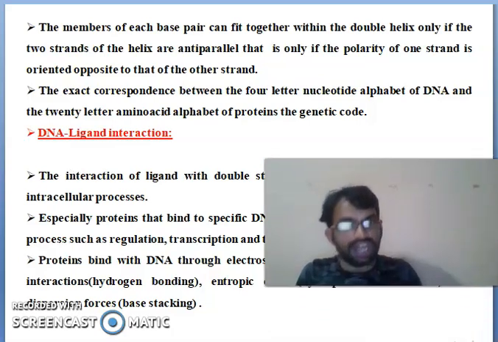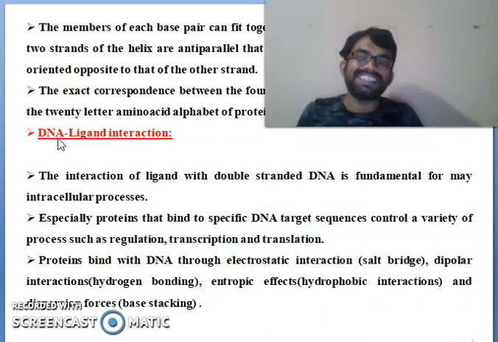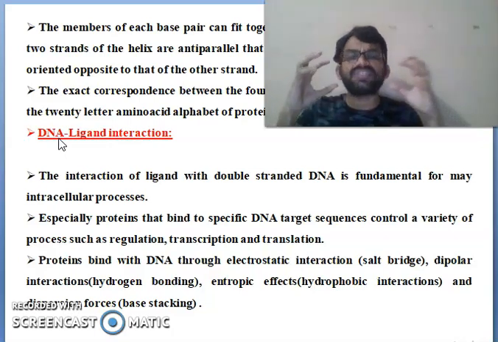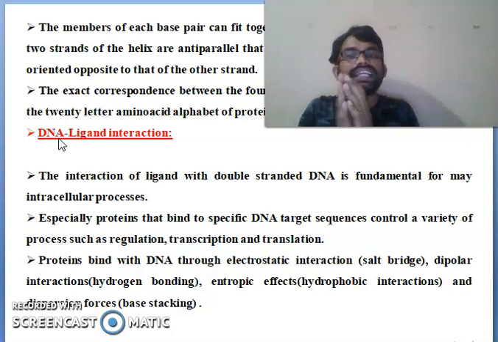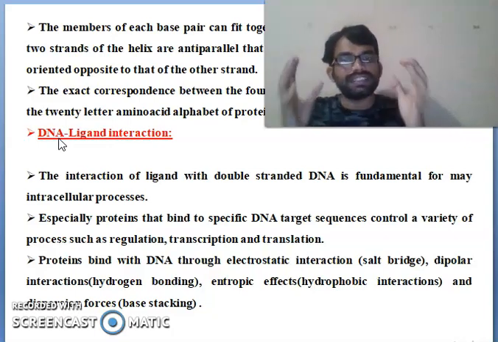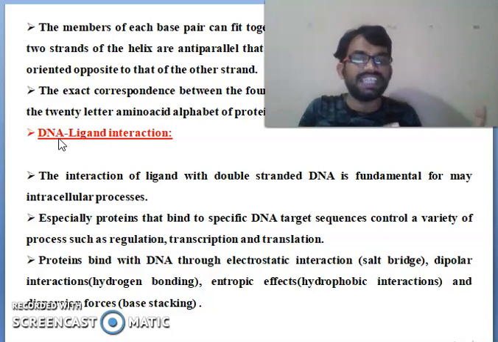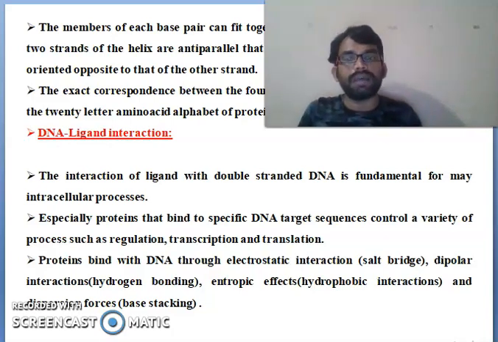Now we will move on to another small topic, DNA and ligand interaction. The interaction of ligands with double-stranded DNA is a fundamental intracellular process. Especially proteins that bind to specific DNA target sequences control a variety of processes such as regulation, transcription and translation.